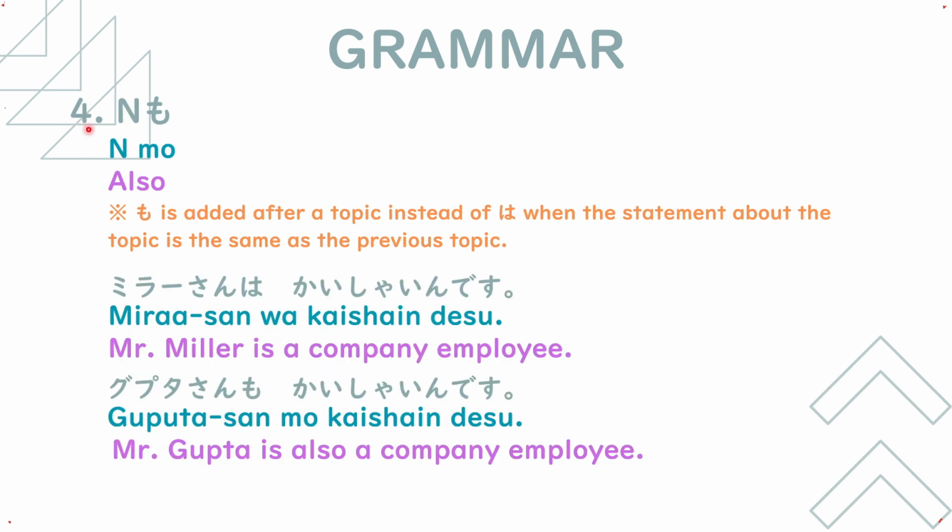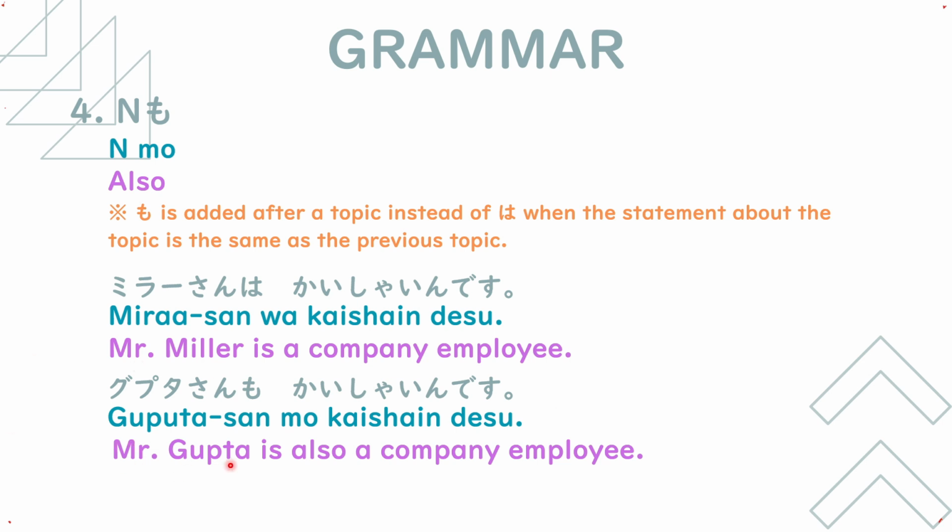And then next we have noun mo, which means also, okay? Mo is added after a topic instead of wa, so mo replaces wa when the statement about the topic is the same as the previous topic. Okay, so for example, we have Mina-san wa kaishain desu. Again, this is noun 1 wa, noun 2 desu. And then we say Gupta-san mo kaishain desu.